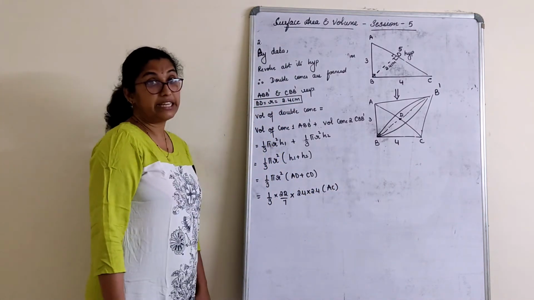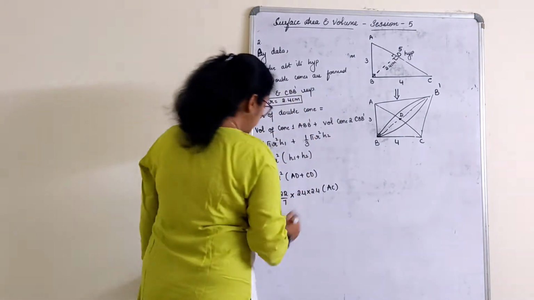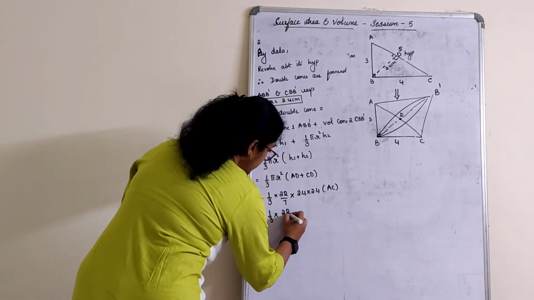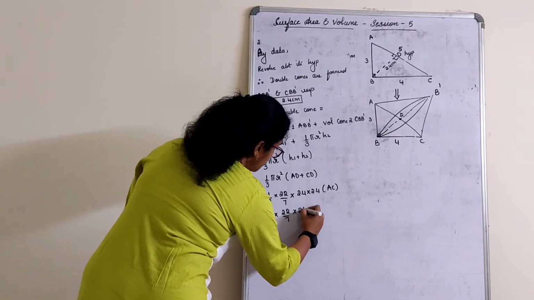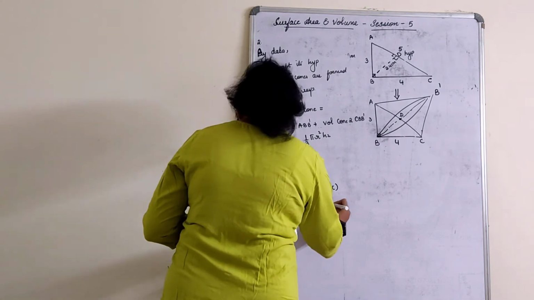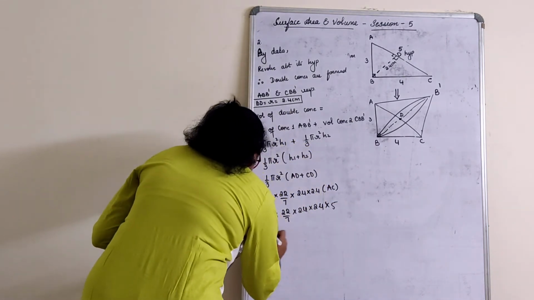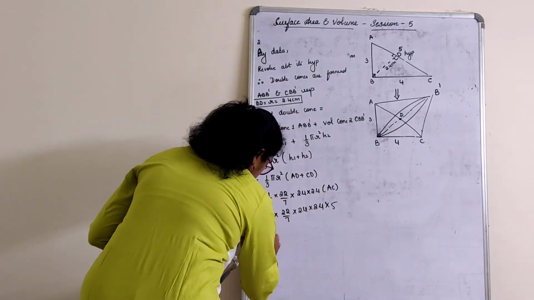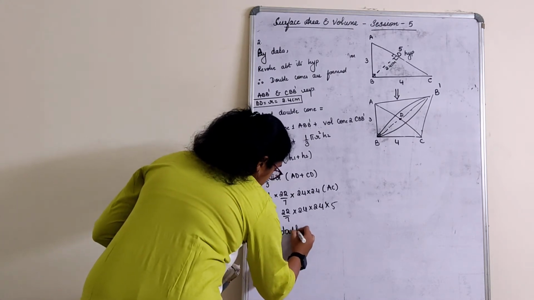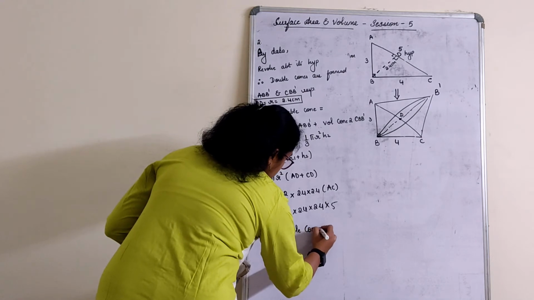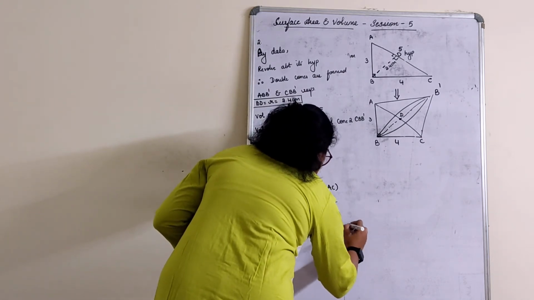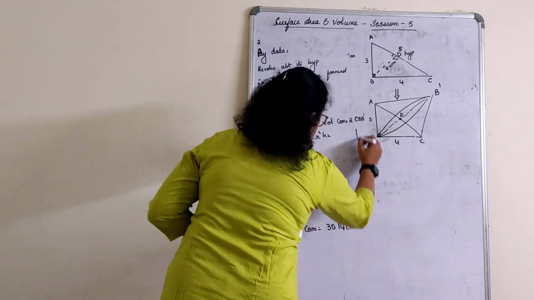What is AC? 5 centimeter, the hypotenuse. So 1 by 3 into 22 by 7 into 2.4 into 2.4 into 5. Do the final calculation. So, volume of double cone is equal to 30.14 centimeter cube.